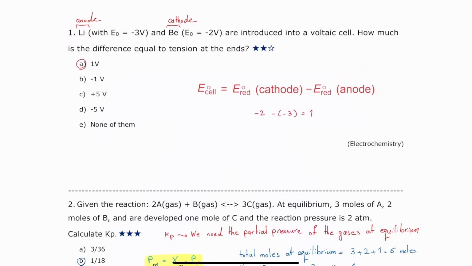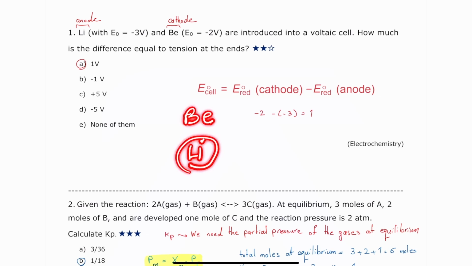Since we have a voltaic cell and the E0 is given by reduction, we know that the one with the lower E0 acts as an anode, minus 3 volt here and minus 2 volt here. For example, lithium in the reduction table would come beneath the beryllium.